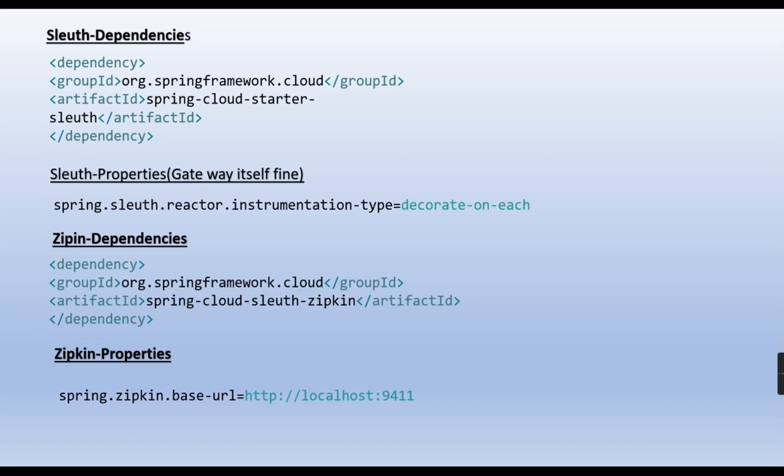This is the default, and the Zipkin server is running under 9411. Where this server URI is formed, I will show you in the next slide. So basically for Sleuth and Zipkin configuration, we need to add Sleuth dependencies, Zipkin dependencies, Sleuth properties and Zipkin properties.